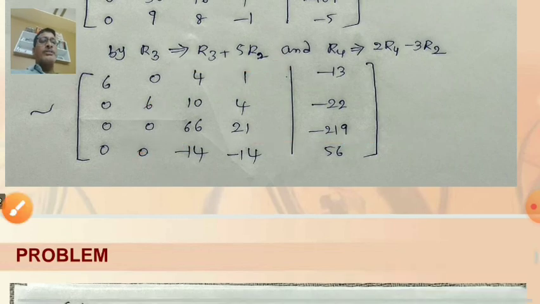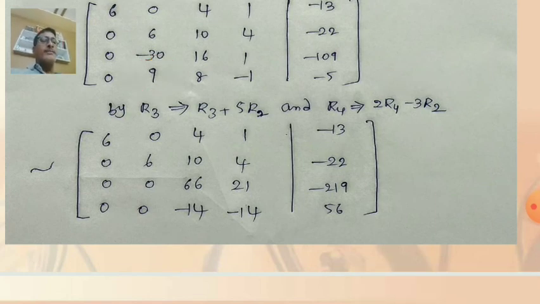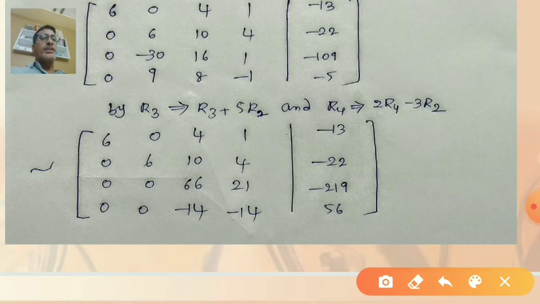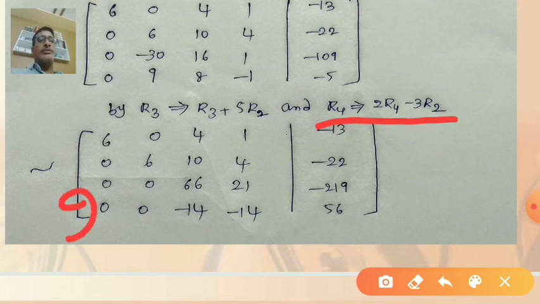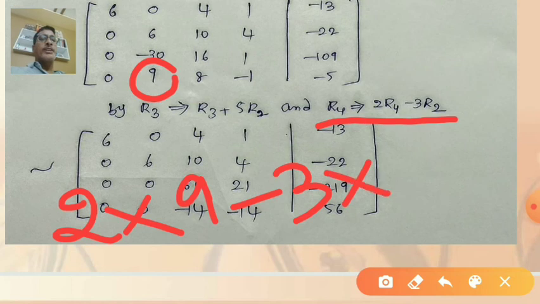And also, to convert this element into 0, we apply this row transformation, that is 2R4 minus 3R2. 2R4 minus 3R2 means 2 into 9, here you can see there is 9, minus 3 into 6.